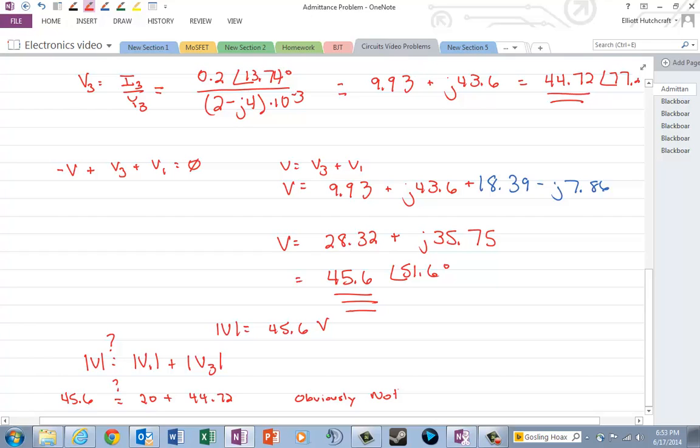Well, remember, the phase has to be incorporated. When we incorporate the phase into the voltages, you have the magnitude times the cosine of the phase plus the magnitude times the sine of the phase times j.